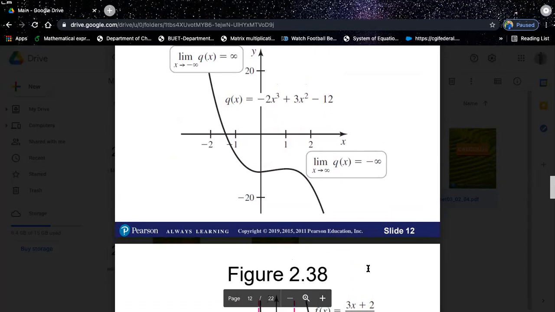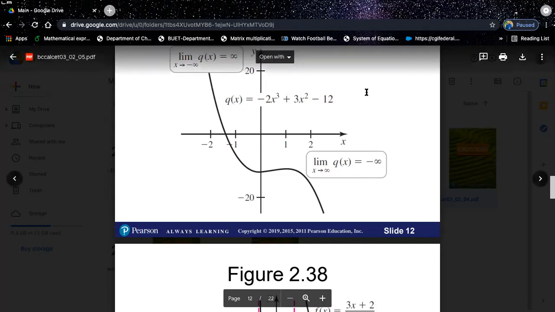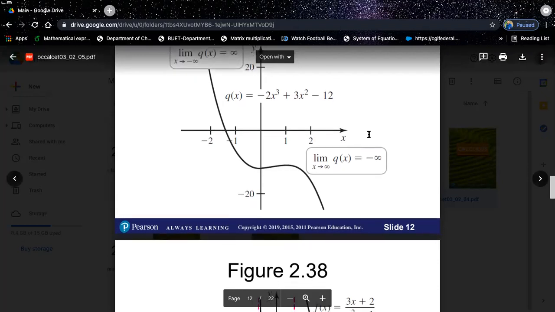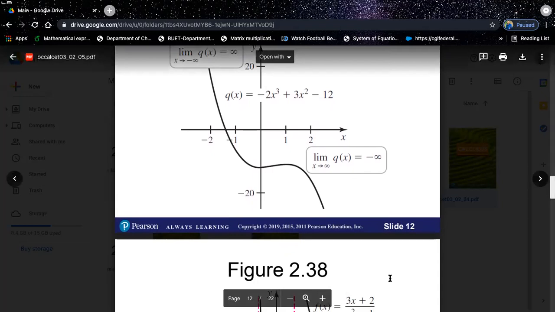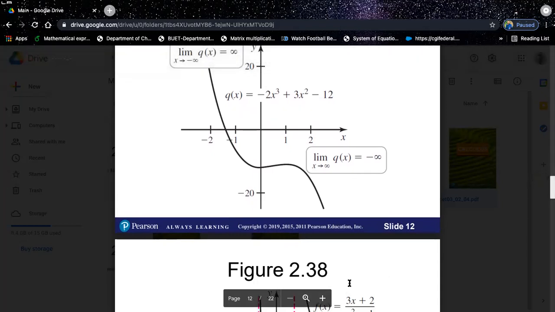I'm trying to hide the denominator so that it doesn't confuse you. Can you see the numerator? Yeah. Okay, so this 3x plus 2 has two terms, as you can see, 3x and 2. And x has an exponent of 1 here, and it has a coefficient of 3.